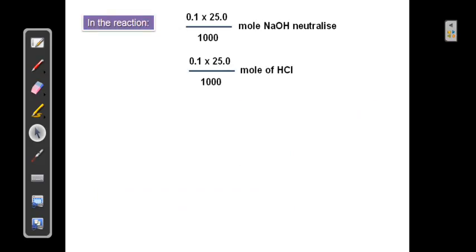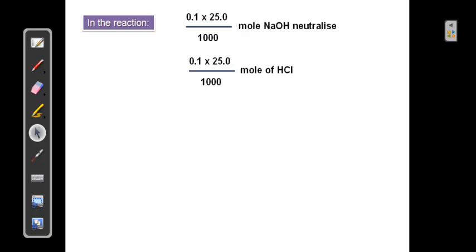Now in the reaction, 0.1 times 25.0 mole of NaOH neutralizes 0.1 times 25.0 over 1000 mole of HCl. So when we talk about 1 mole of NaOH neutralizing 1 mole of HCl, in our calculation here the amount is only 0.1 mole times 25.